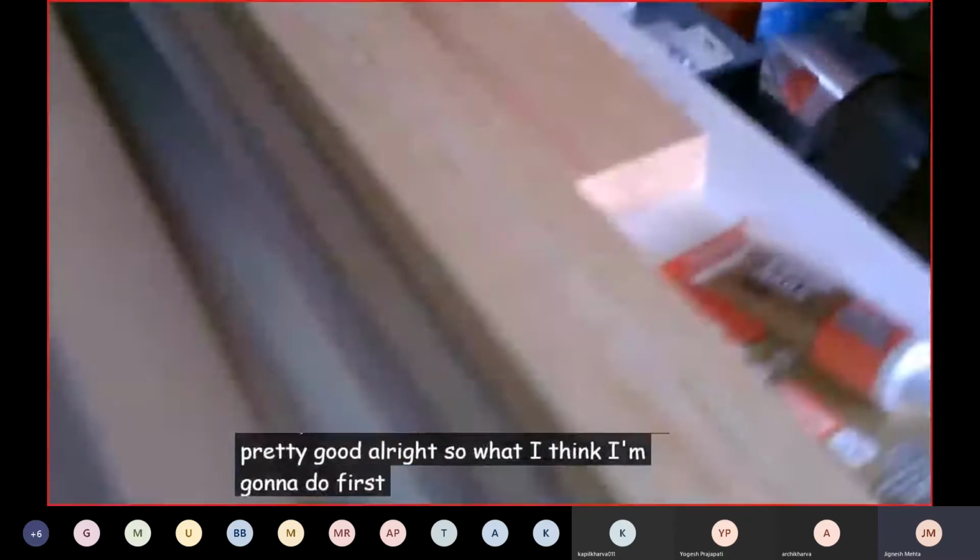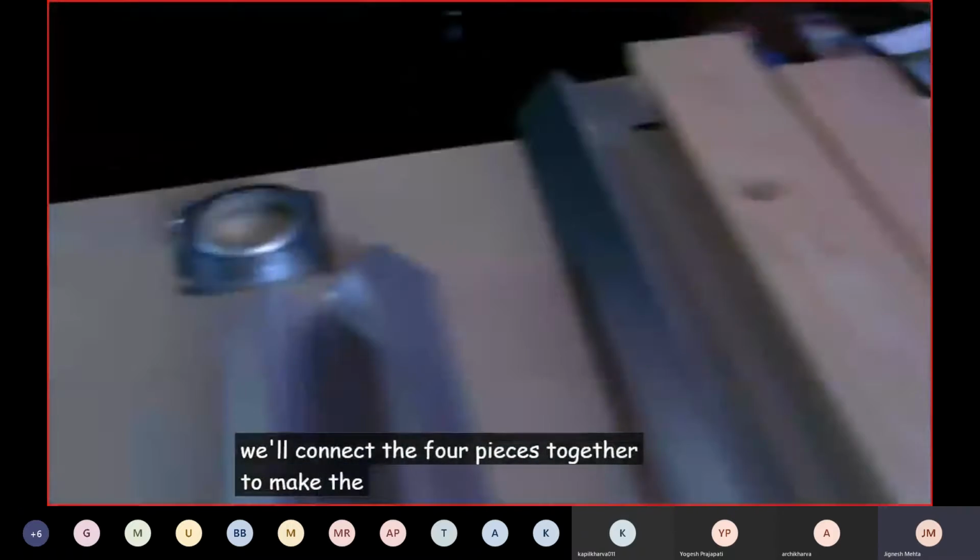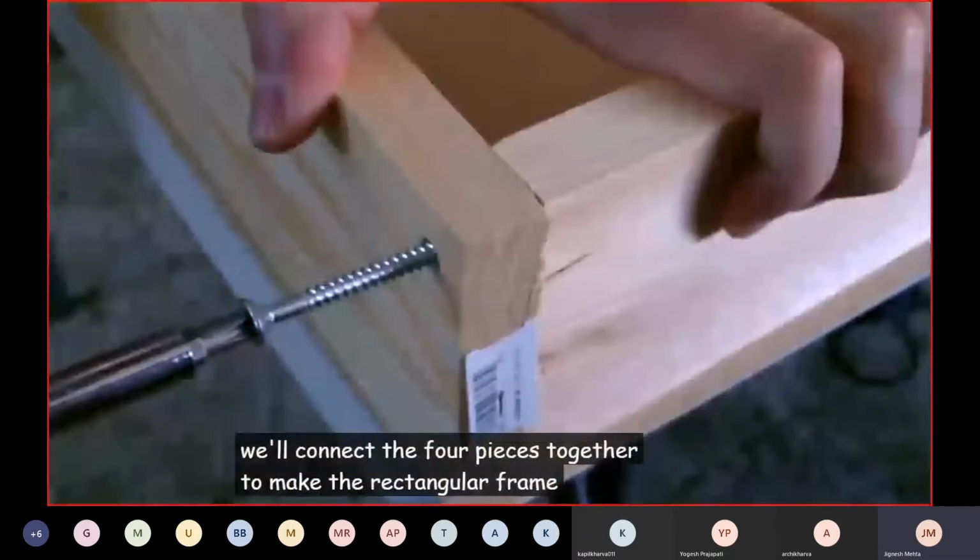All right, so what I think I'm going to do first is make the frame. So we'll connect the 4 pieces together to make the rectangular frame.